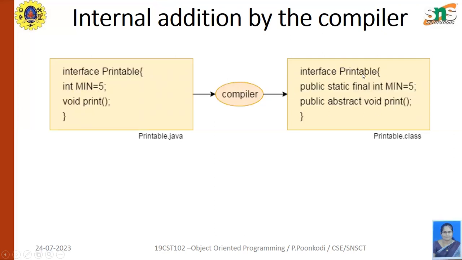It will not change your interface name or the interface keyword, just the variables or methods used inside the interface. For a variable, it will substitute public, static, final. If it is a method, it will substitute the public and abstract keywords in front of that method.